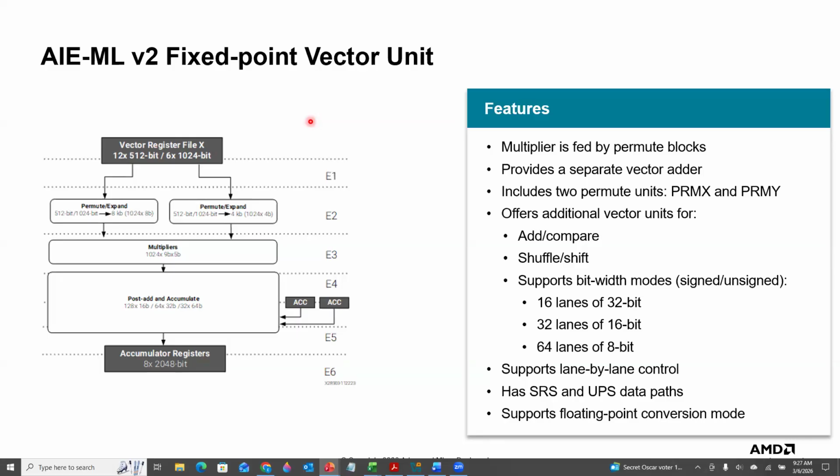So typically the accumulator in that case would be 48 bits. I have a 32-bit result going into a 48-bit accumulator. That gives me a ton of additional margin so that I can do repeated multiply accumulates and not have to worry about saturation. So again, that's what happens when we do fixed point math.